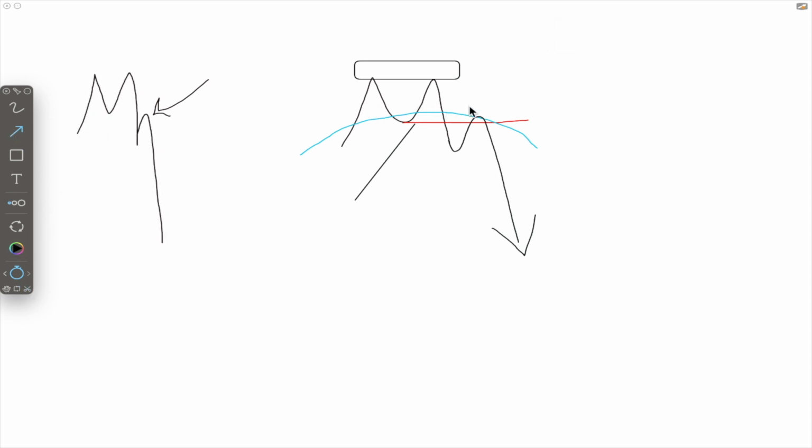As soon as we have the 50 EMA around the area, we want to see the market pull back into that 50 EMA, and then we can have the continuous downtrend.